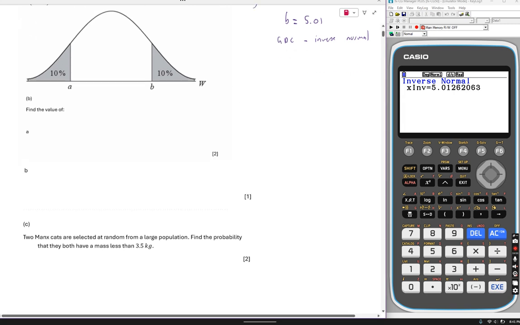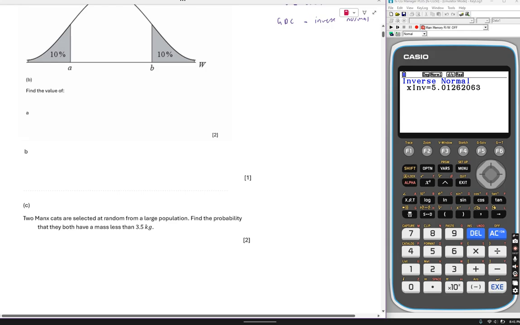For C, it says 2 Manx cats are selected at random from a large population. Find the probability that they both have a mass of less than 3.5 kilos. If I'm working out the probability that two things happen, I need to multiply those two probabilities together.